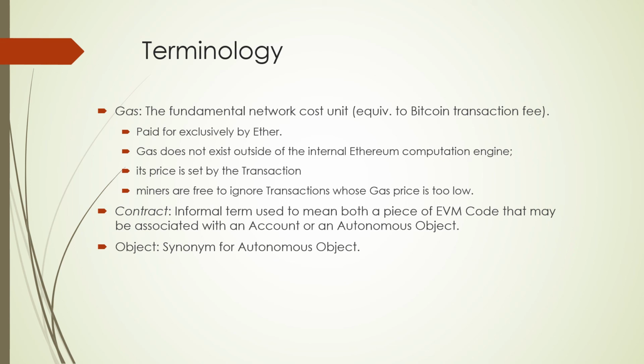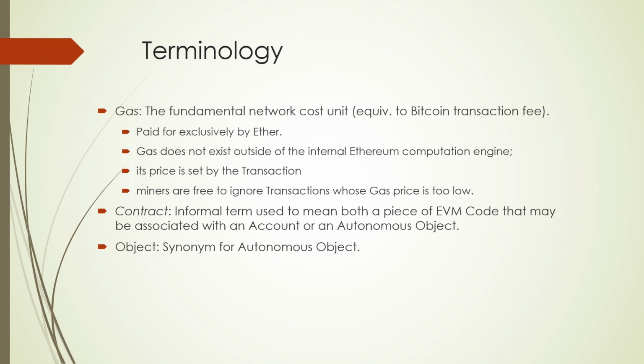Gas doesn't exist outside of the internal Ethereum computation engine, and its price is set by the transaction, as I said before. And miners are free to ignore transactions whose gas price is too low, just like Bitcoin miners ignore transactions with very low transaction fee. They may not ignore it, but it takes a lot of time to be processed.